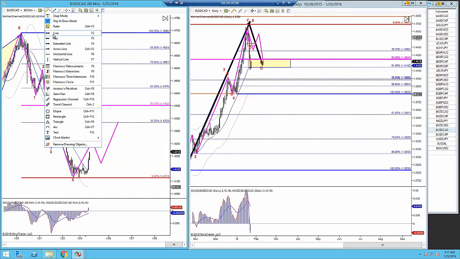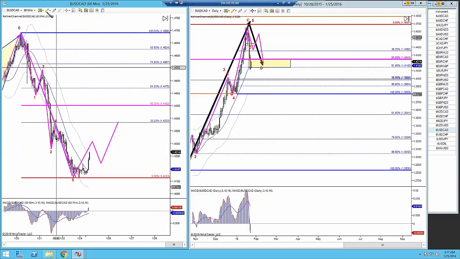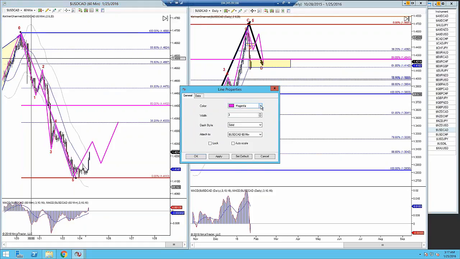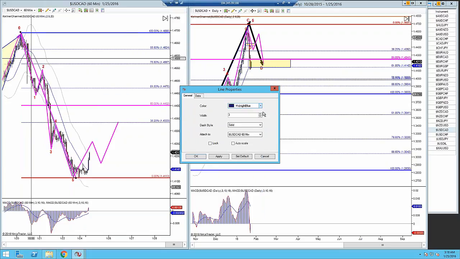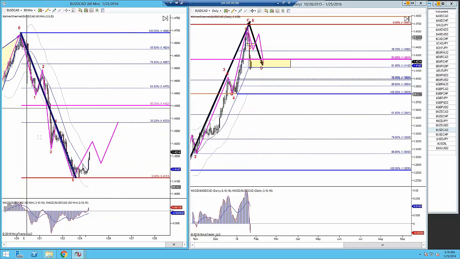If I was to take a line and draw it here to represent what you see on the right, it would look like this. You guys got me? It's the same thing. Higher time frame, lower time frame.